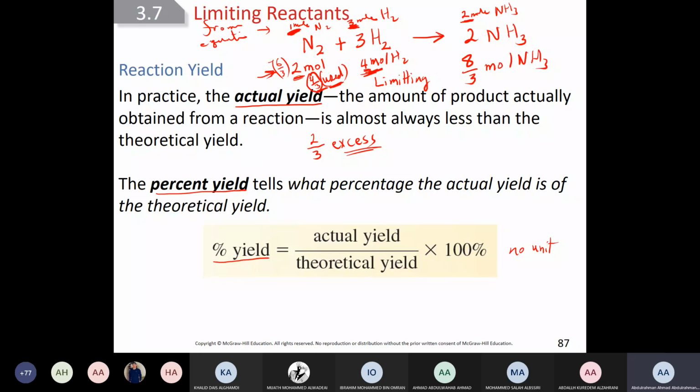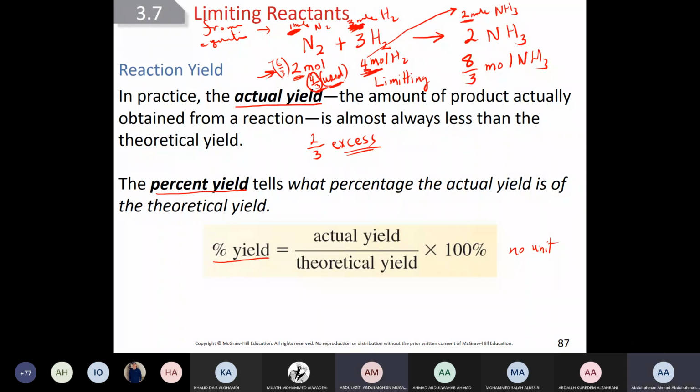Doctor, how did we get 8/3? Cross multiplication. Multiply 4 times 2 divided by 3. What are you going to get? Yes, 8/3.